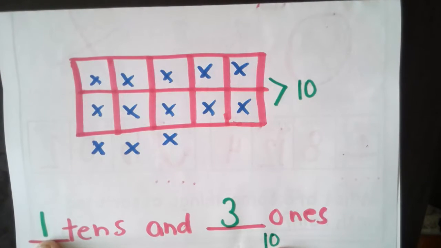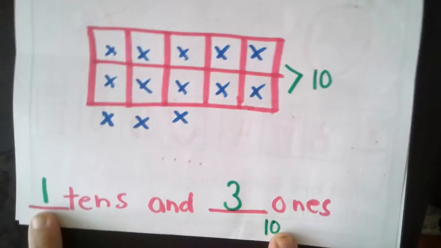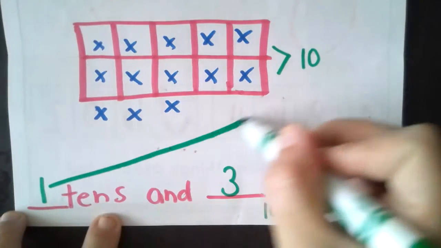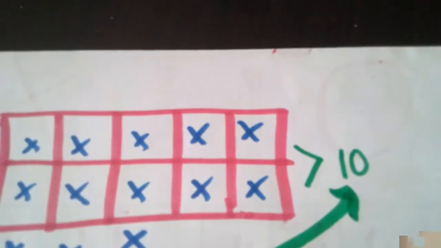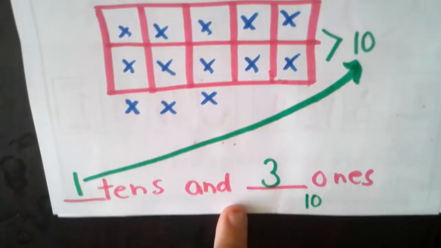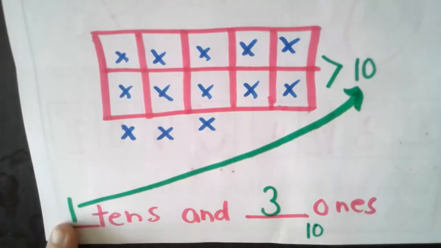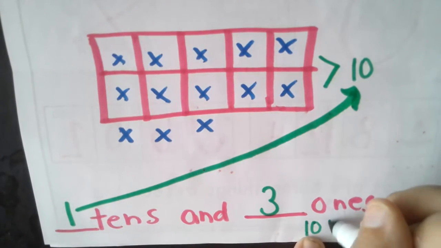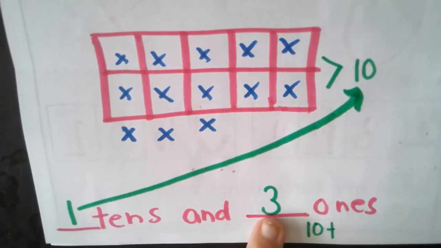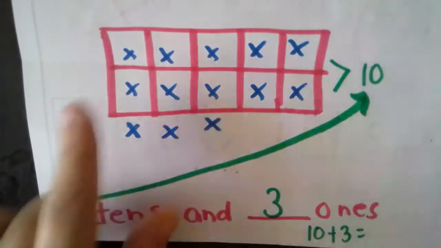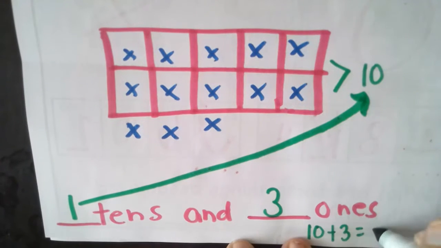This one here would show me that I have 10, right? That 1 shows us that we have 10. Sorry if I got caught. So this 1 here shows us that we have 10. And then to make it an addition problem, you would go plus 3 equals, how many are all together? 13.